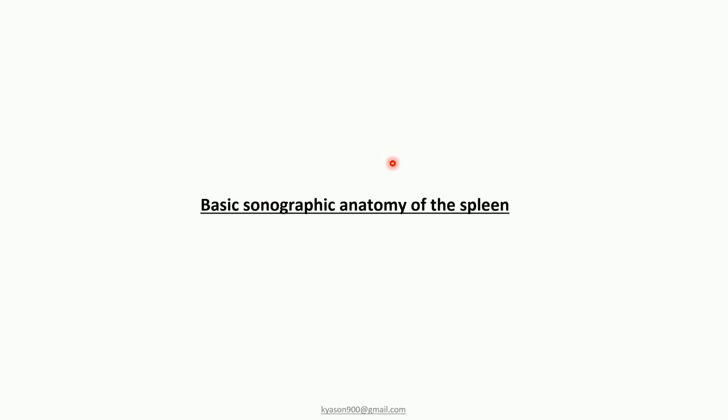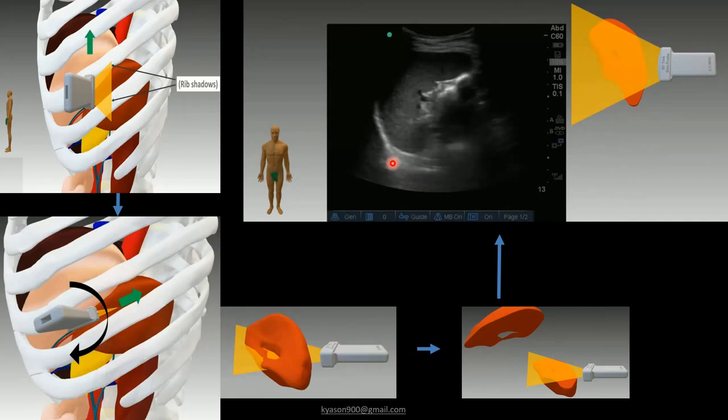So sonographically, it's possible to see the spleen, okay? Though, of course, there are some limiting factors. We said already that the spleen is situated close to the lower ribs. So these ribs are going to act as blockers. They basically obstruct clear visualization of the spleen.